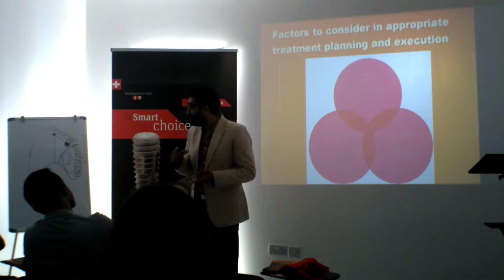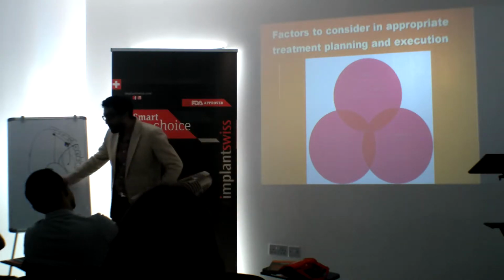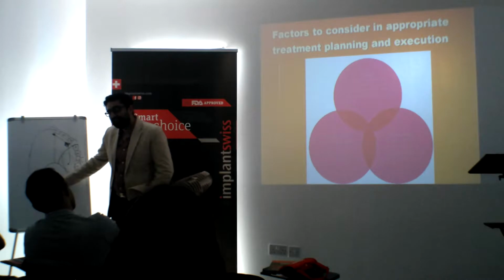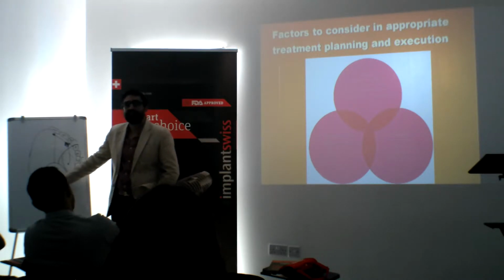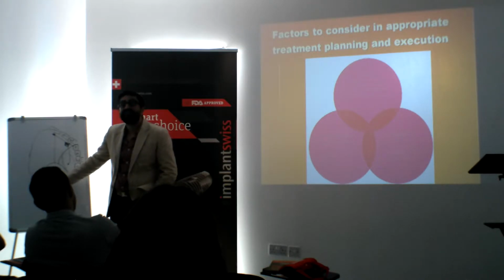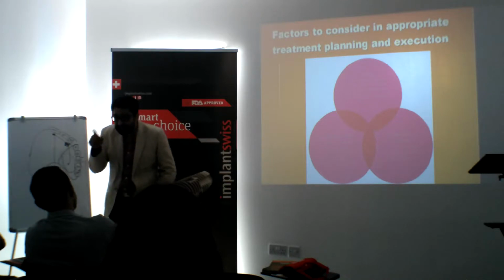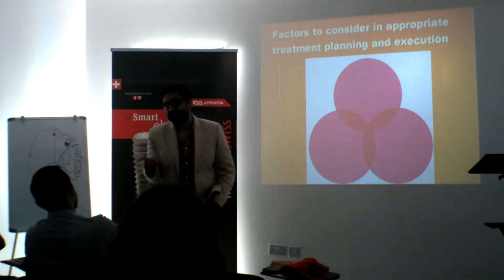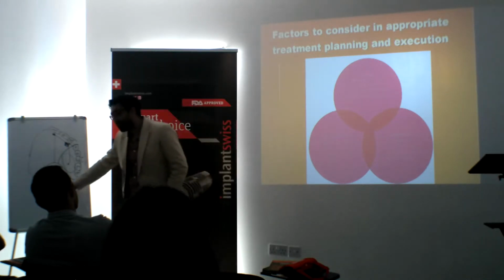Then I use the same technique for the buccal side and the same technique for the lingual side. But remember, I said I inject in attached mucosa, not in loose mucosa. Loose mucosa is where you have got the lingual nerve.